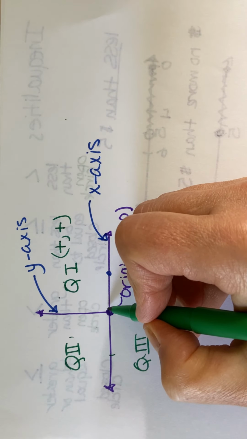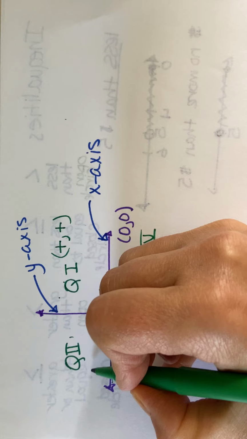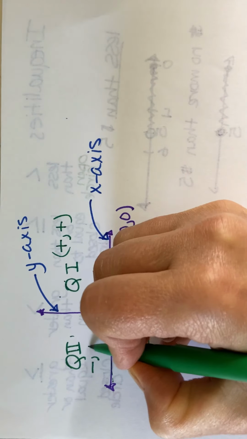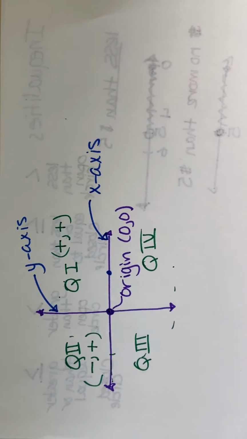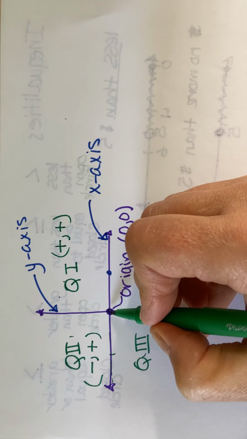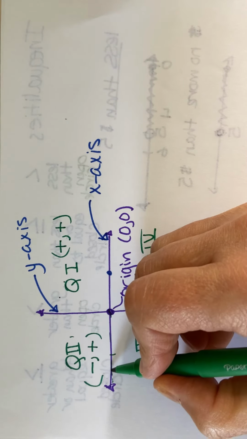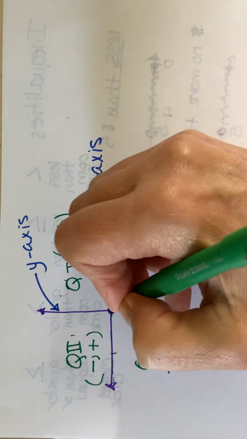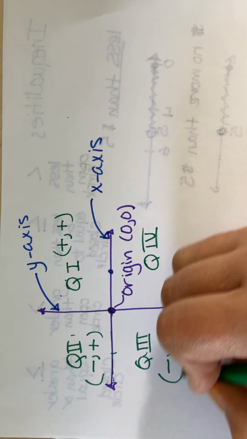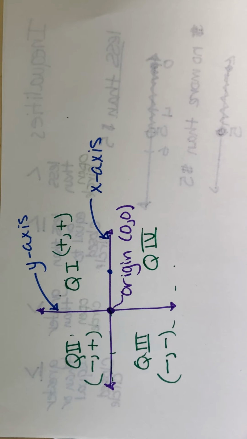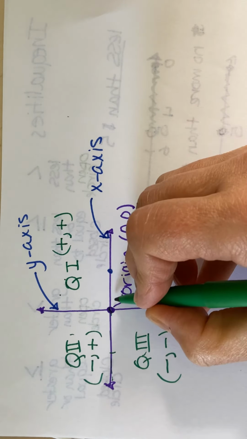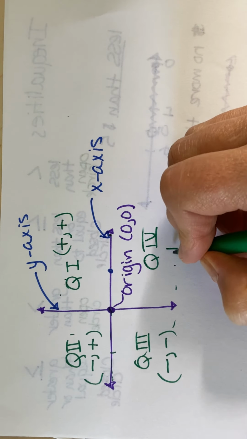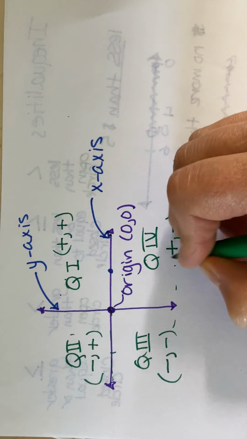In quadrant 2, your x is always negative because you have to go to the left and up, so your y is positive. In quadrant 3, you go left and down, so your x is negative and your y is negative, like a sleeping person. And in quadrant 4, you go to the right and then down, so your x is always positive and your y is always negative.